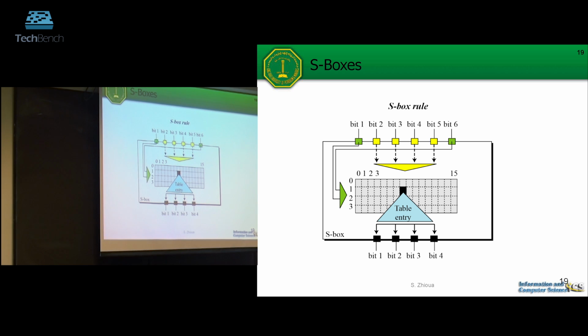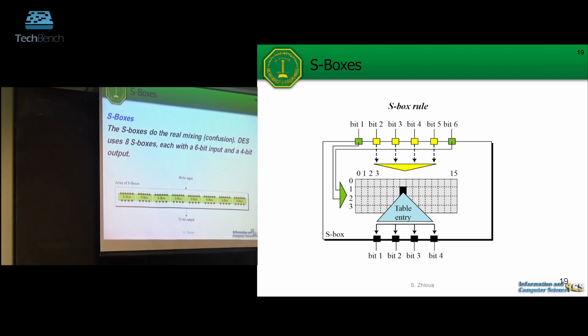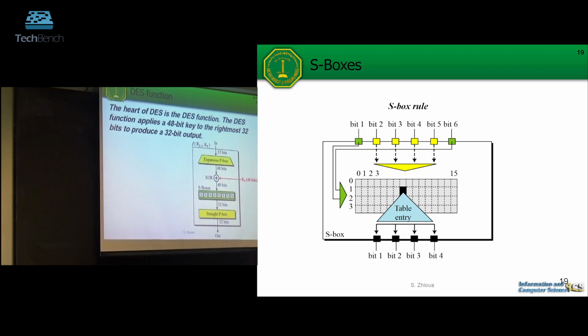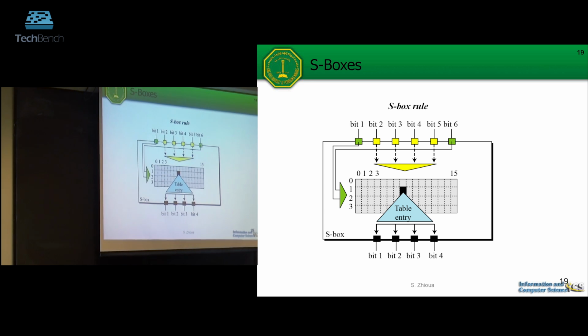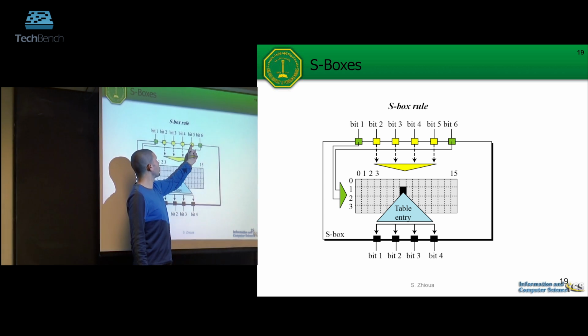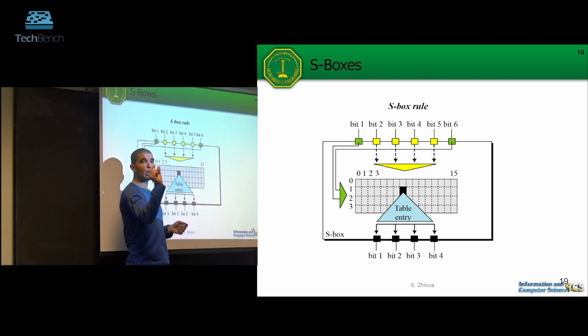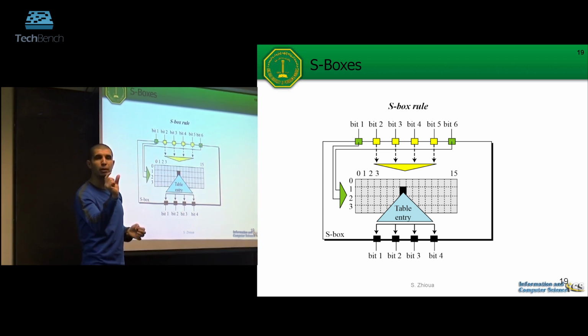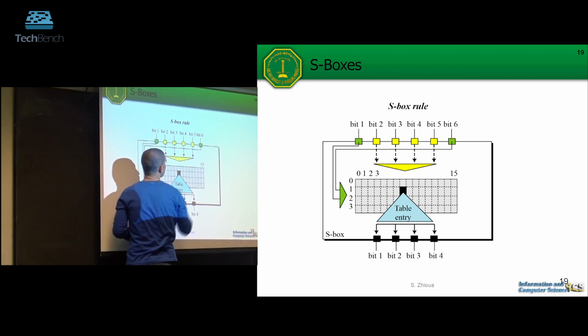You say this is the opposite of the expansion, right? No, because we XOR them. We went through the XOR, so the data is completely reshuffled. So we use the 4 middle bits to generate a number, and these 2 external bits to generate another number.